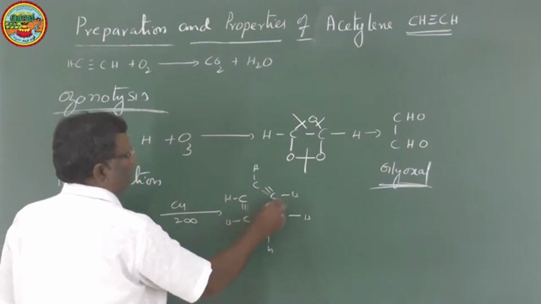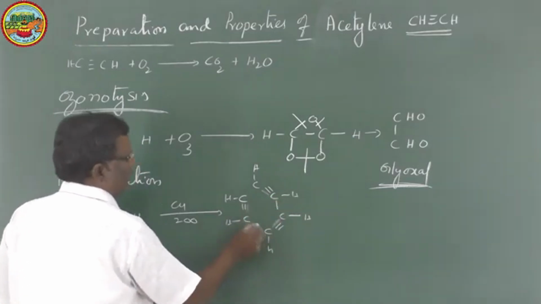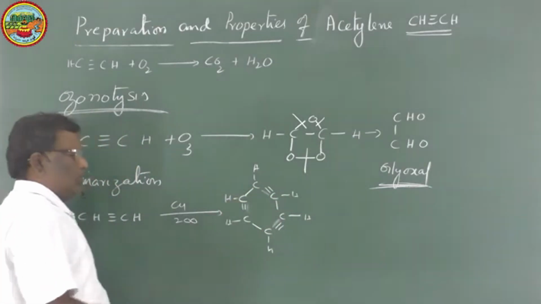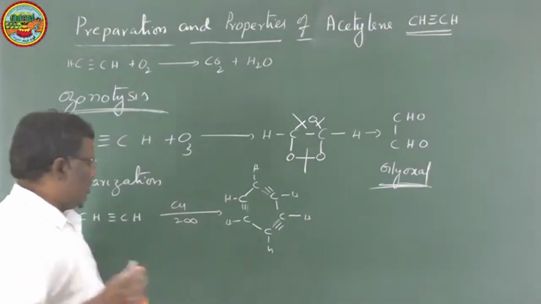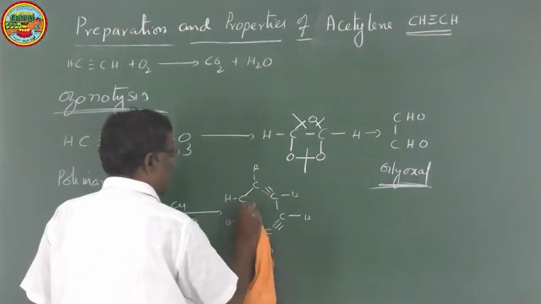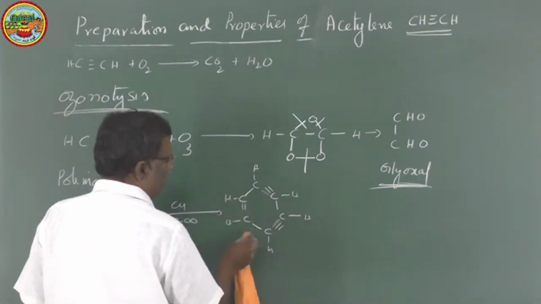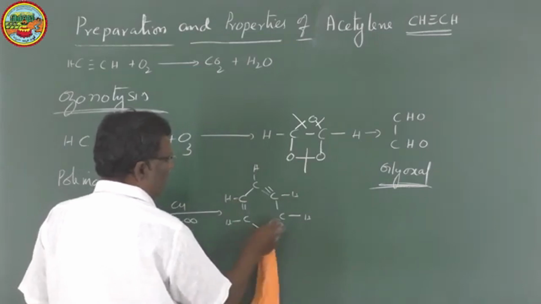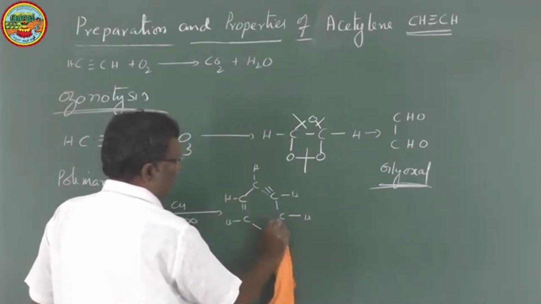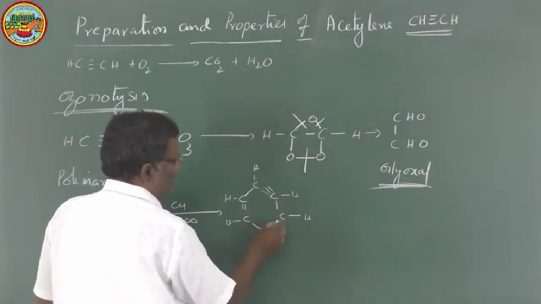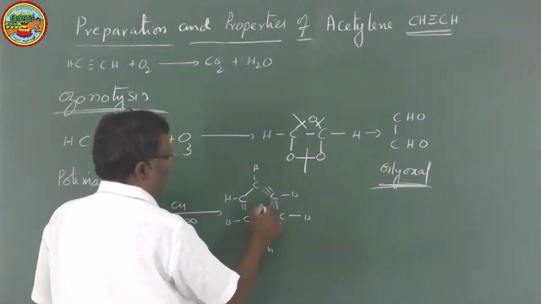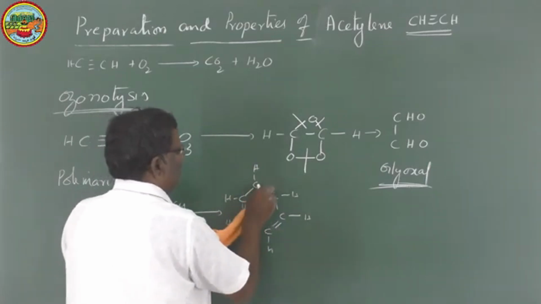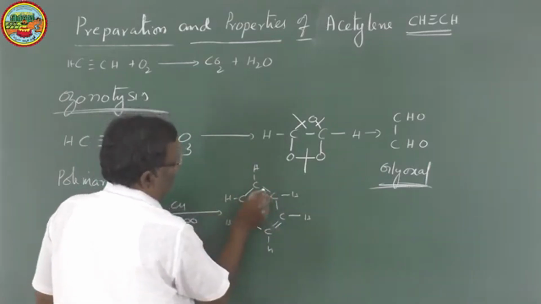This pi bond forms a single bond between adjacent carbon atoms, so that we have a new molecule with alternating double bonds. Here, in place of the triple bond, we now have one double bond. Here previously there was no bond, so one single bond is formed. Here, in place of the triple bond, one double bond is formed.